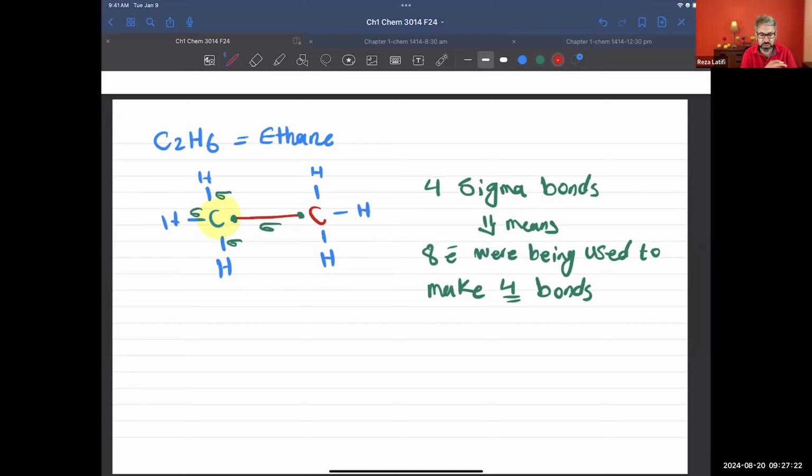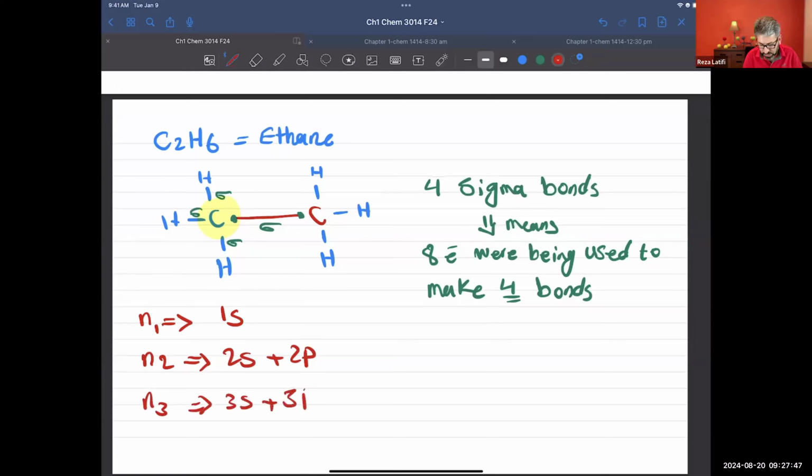Always, from n equals 1 to n equals 3, we can say it. If n is 1, you're going to have a 1s orbital. If n is 2, you will have 2s plus 2p. If n is 3, you will have 3s plus 3p plus 3d.